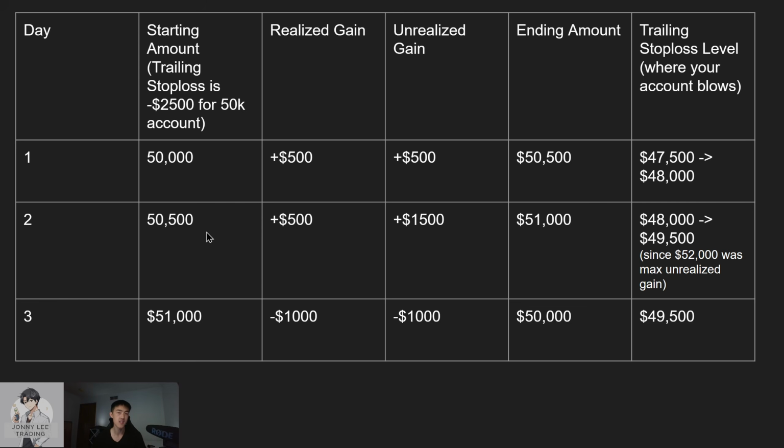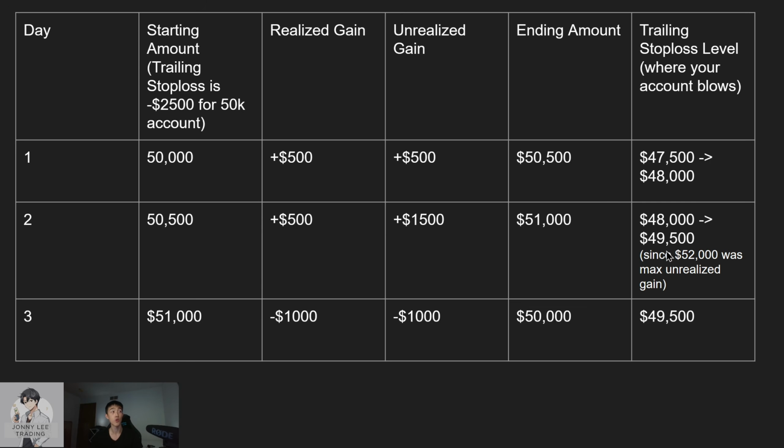Let's say the next day you do really well, you see a great trade, and you actually let the trade go up to positive 1,500 from that 50,500 position. But let's say you didn't close it and you thought it was going to go up, you let it retrace, and you moved your stop up to get stopped at $500.